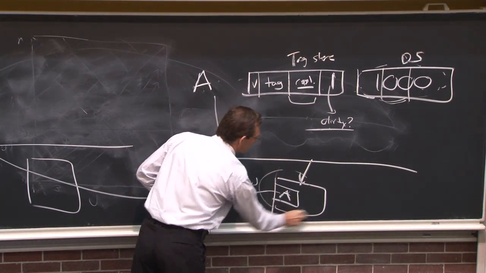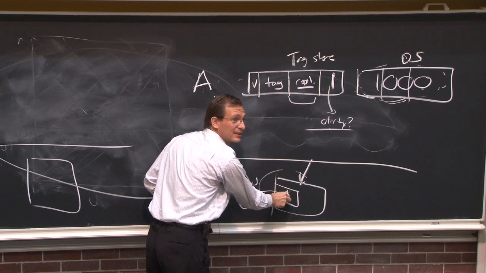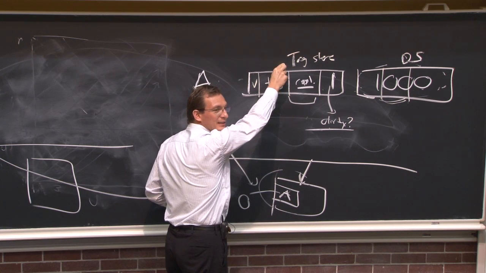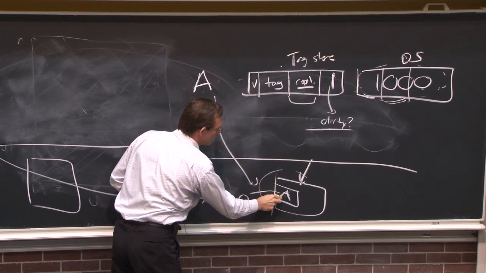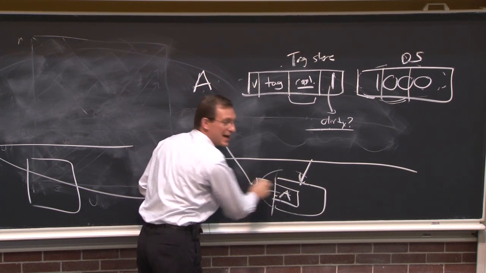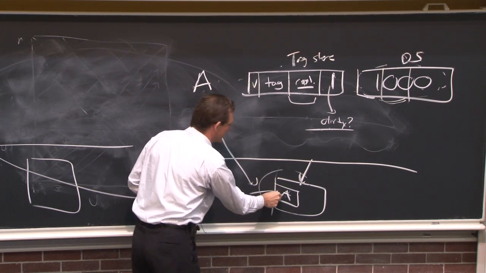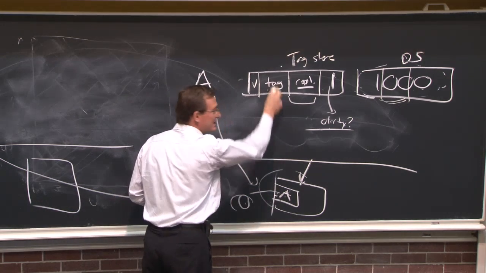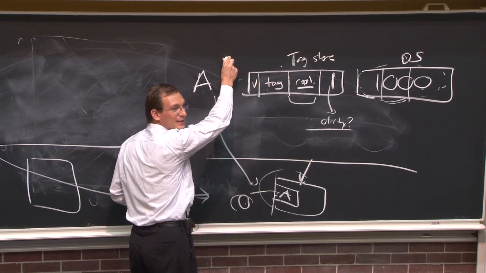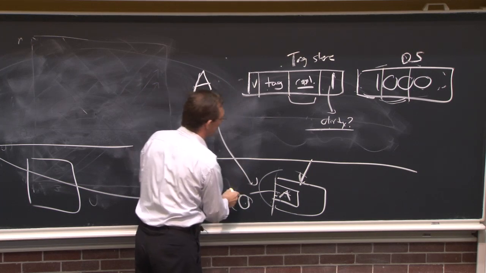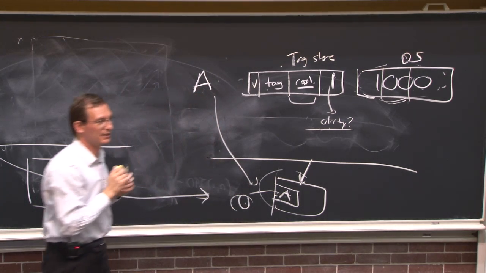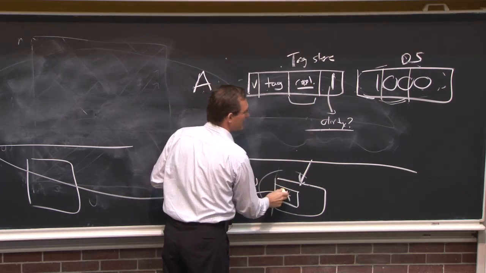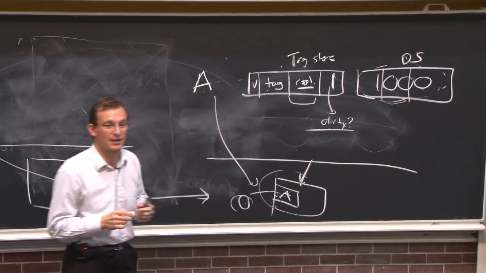If this highest level is up to date, then you don't need to check the lower levels, right? If this highest level says, I have A, and here's its value, and I know that it's up to date, then you get the value. But if these levels are not consistent, you need to check the different levels. So that makes consistency harder, because you have different versions of the block inconsistent across your different levels.